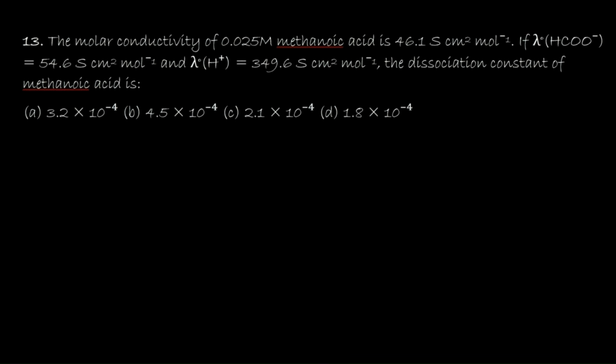The molar conductivity of 0.025 molar methanoic acid is 46.1, and lambda naught of formate and lambda naught of H plus are given. They are asking for the dissociation constant of methanoic acid.